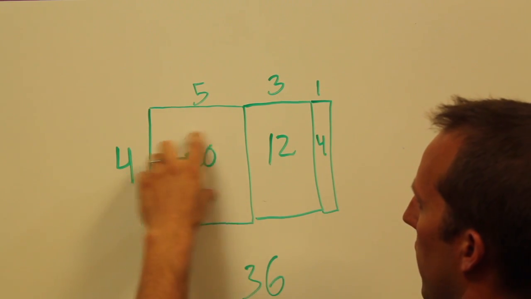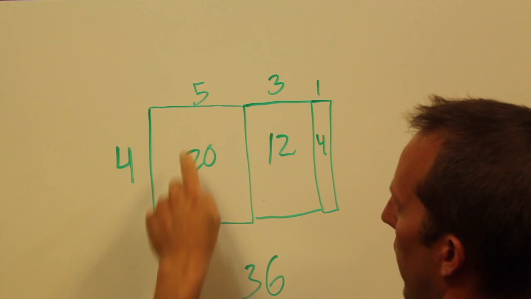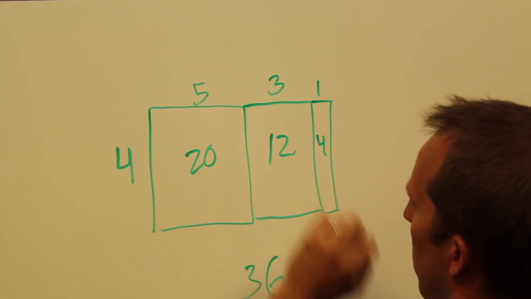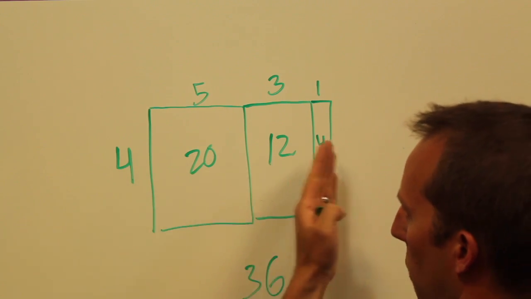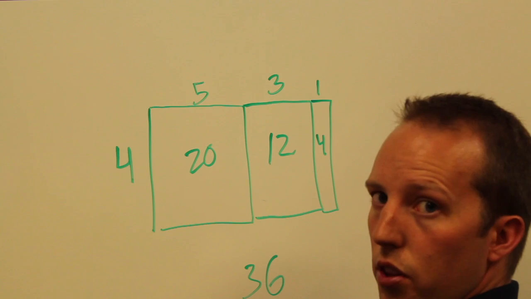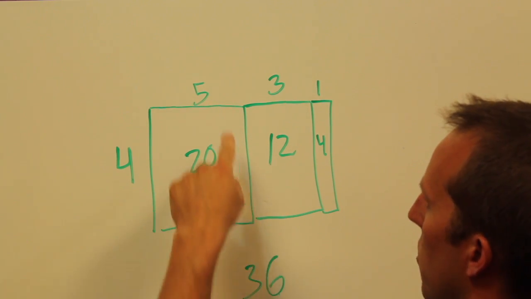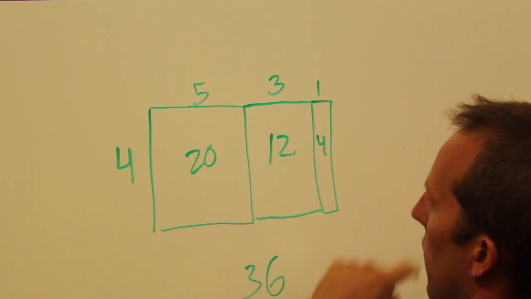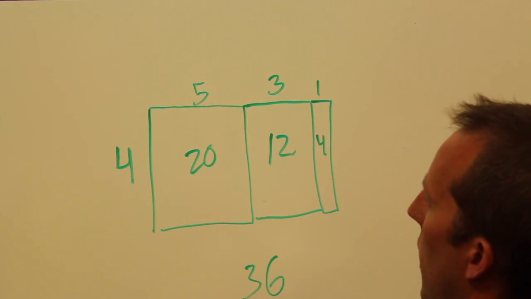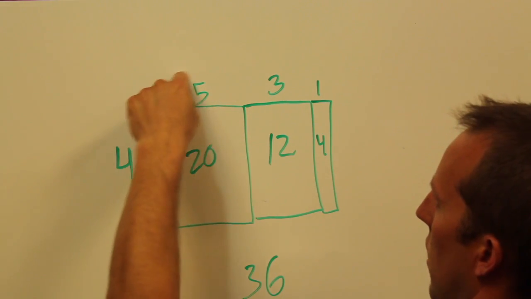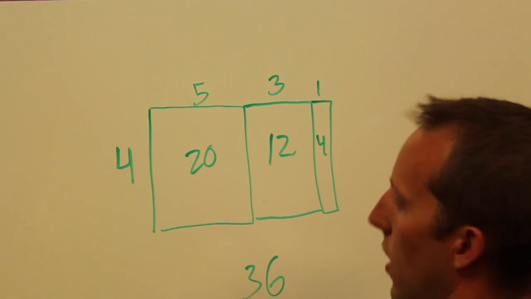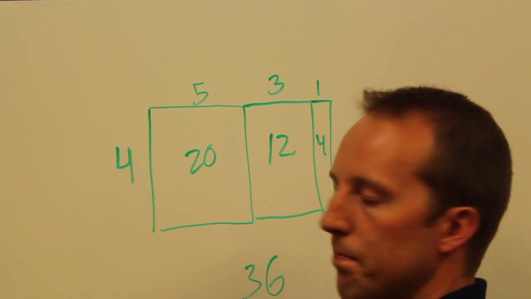So now I've created 3 separate rectangles, and when I add them up I've got 20 plus 12 is 32, plus 4 is 36. So I worked my way across in chunks that I was familiar with until I got to 36. And now all I have to do is add up these numbers to get the missing dimension. 5 plus 3 plus 1 is 9. So we know that 4 times 9 equals 36. And so there are 9 rows on the airplane.